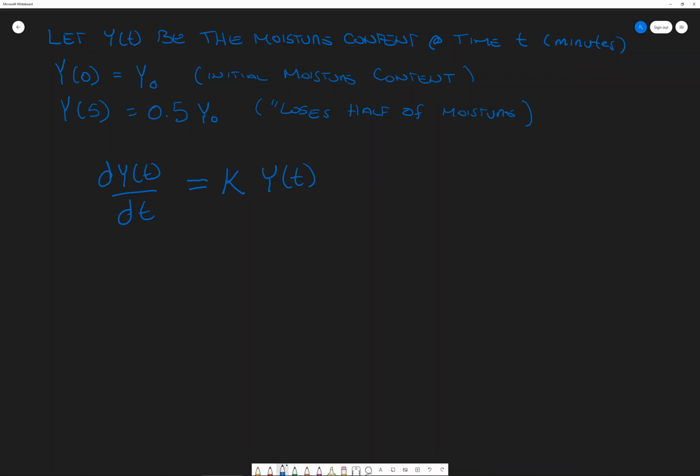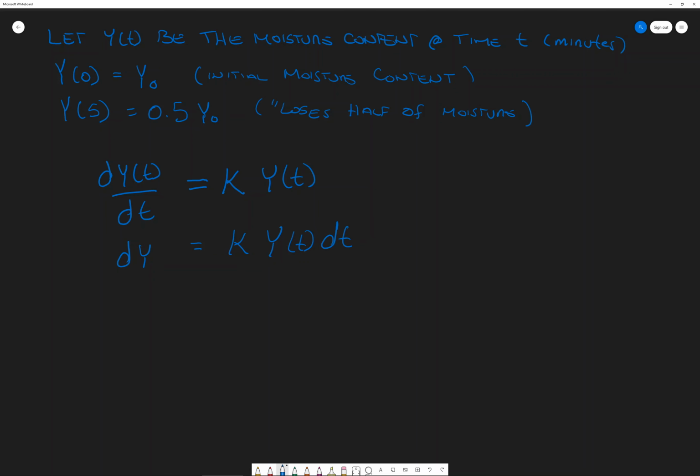So we're going to multiply both sides here by dt. If we multiply the left side by dt, we're just left with dy. We can leave the t out. If we multiply the right side by dt, because whatever we do to one side, we do to the other, y of t dt.